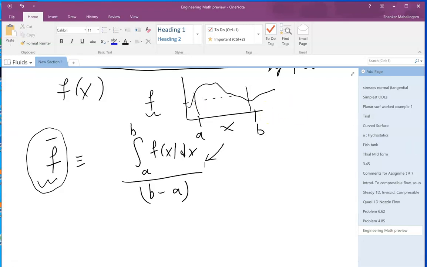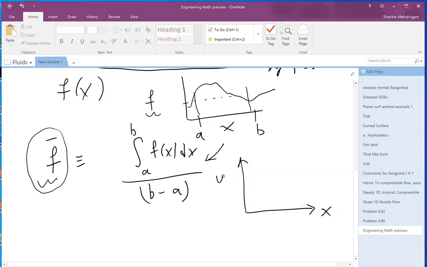In hydrodynamics as well as in statics, you probably have done other kinds of integration. So for instance, if I have a two-dimensional region, x, y, and I have an area, then I have a piece of area over here, let's call this dA.